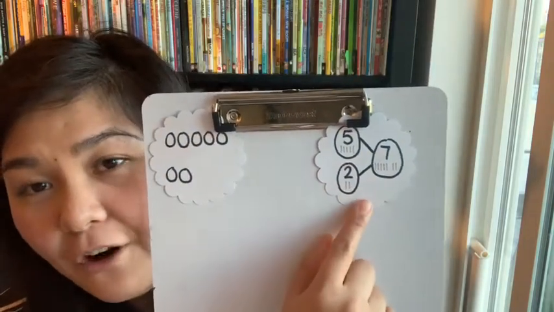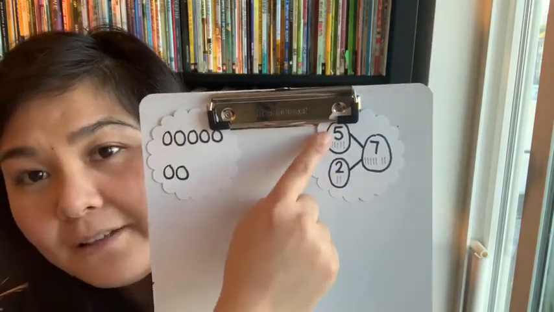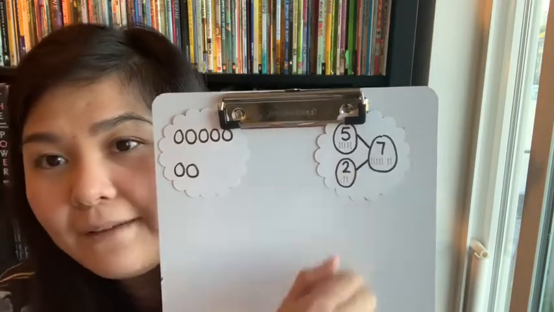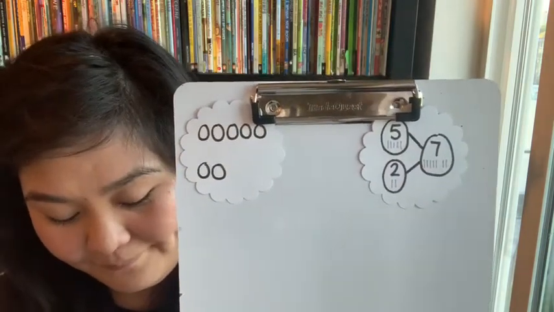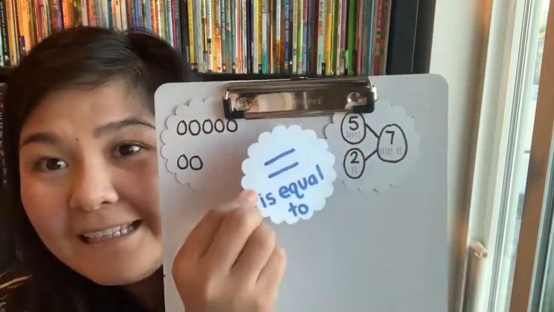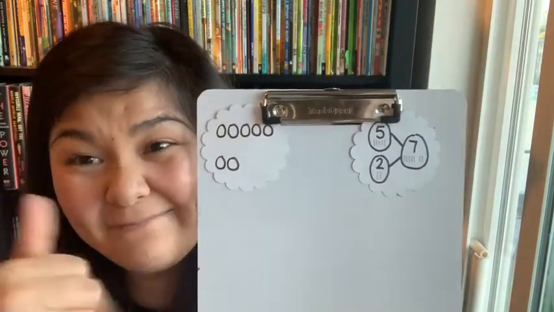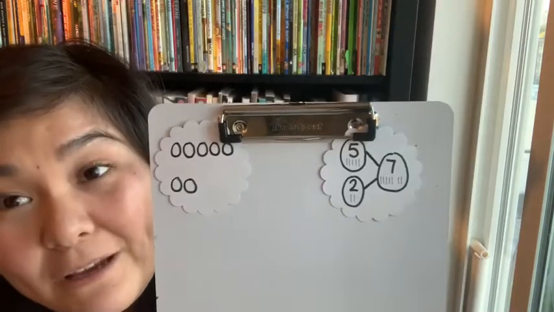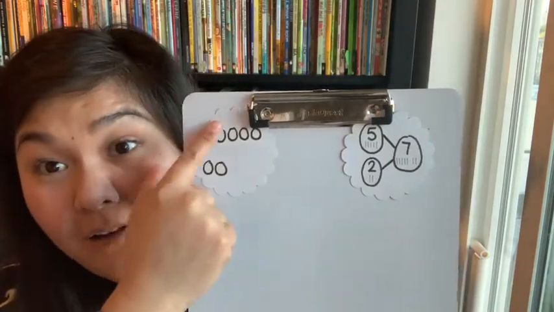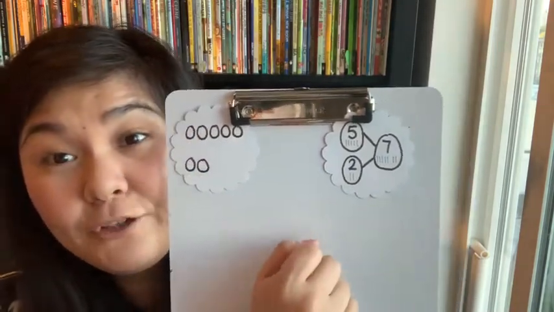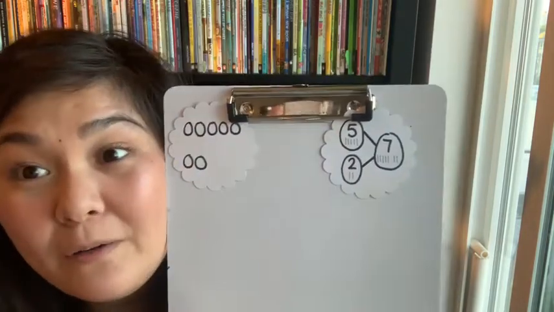My second flashcard is a number bond where I see my parts, 5 and 2, and my whole 7. And it's equal to. These 2 models are equal to. It makes sense, so it's true because I'm looking at my parts. 5 and 2 are the parts in the pictures, and 5 and 2 are our parts of a number bond. And those are the same or equal to.